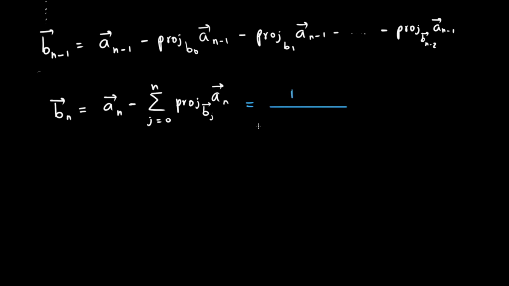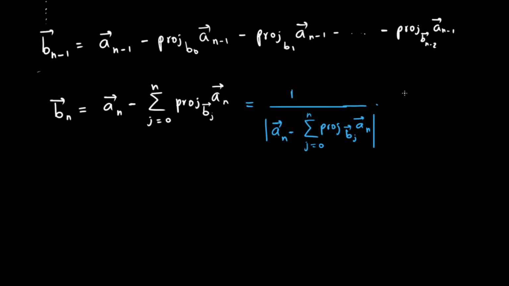The length of the vector right here is this mess, a of n minus the projections. I think we can expand it more if we really want, but it's the general idea. This is the length, and we multiply it with the vector in order to get a normalized vector for each one of them.